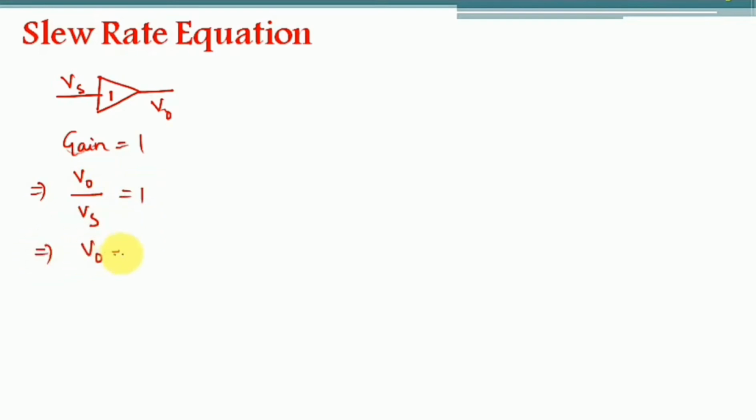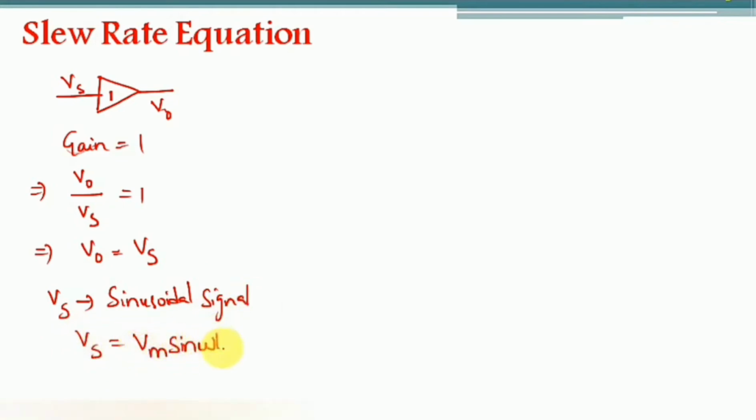So finally the V0 value is Vs. Now let us assume that Vs is a sinusoidal signal, since we are considering AC characteristics, and we know the expression for Vs as Vm sin omega t. So from this equation, we obtain the value of V0 as Vs, which is equal to Vm sin omega t. Now we have obtained the V0 value.